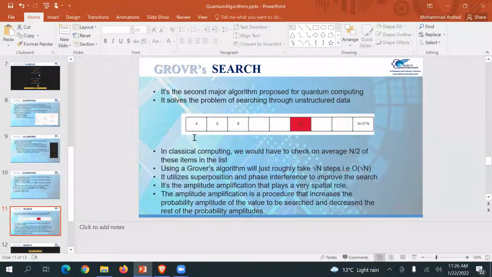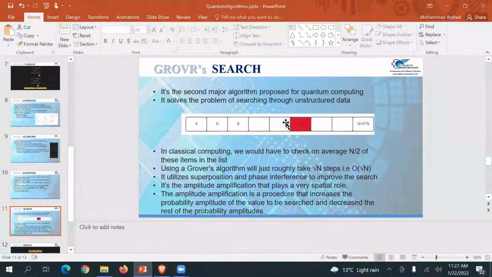Let's suppose we have a sequence of numbers, say an array, and we have to find a number w which is in some position. Now how do you do that in a classical way?